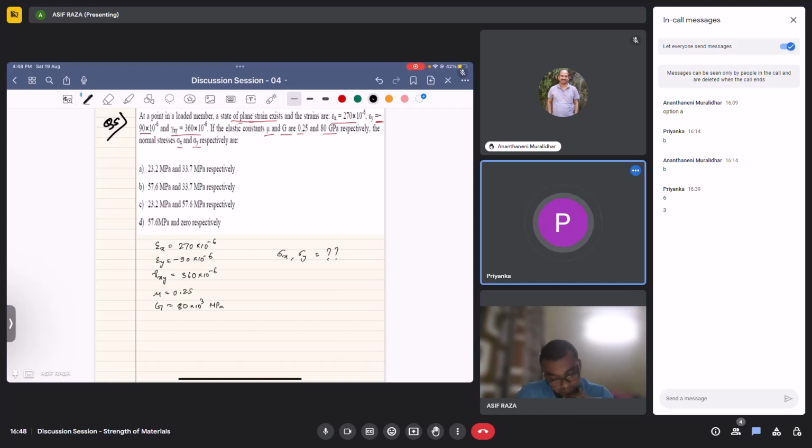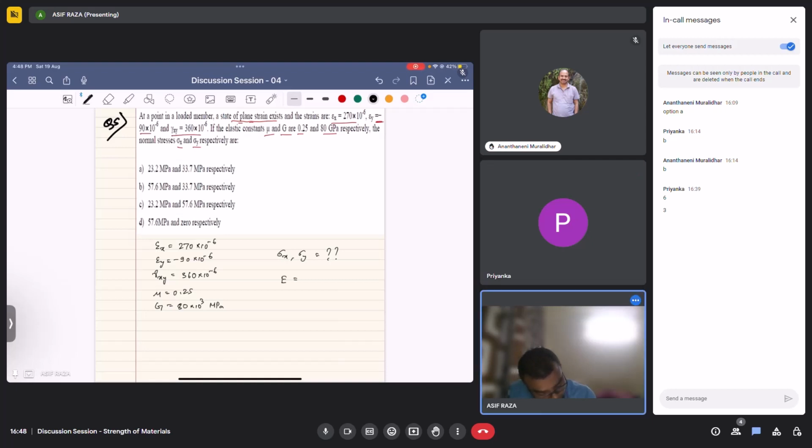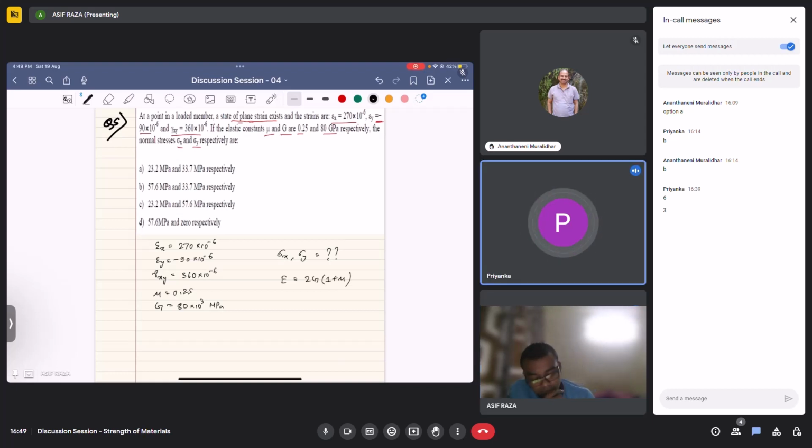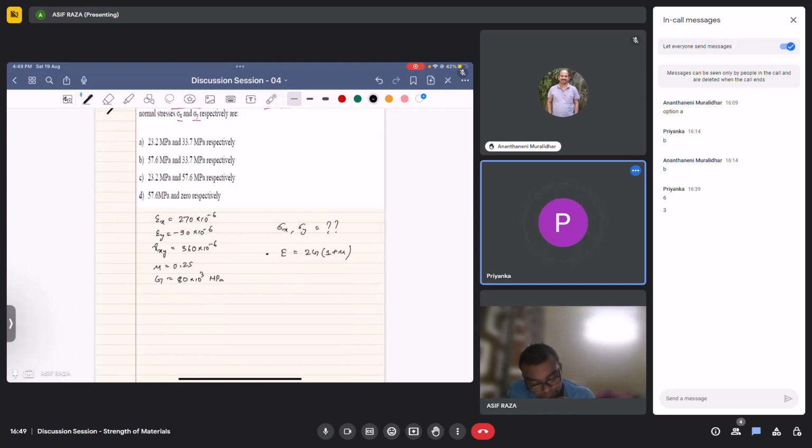First we'll find E, through this formula. Then I will use the stress-strain relationship.